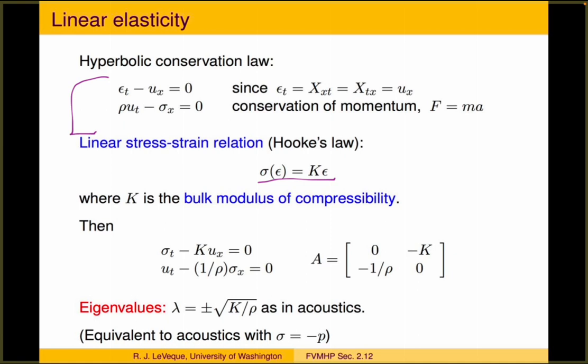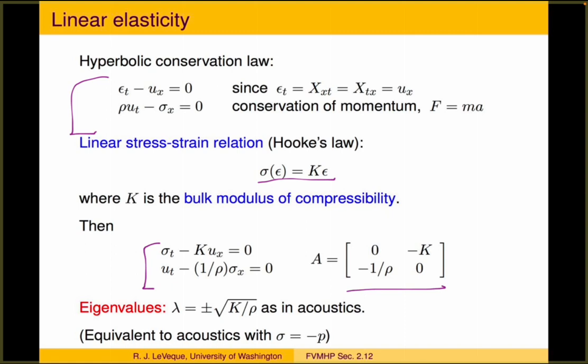And this system of equations, if we now rewrite it in terms of sigma and u, rather than epsilon and rho u, in the linear case we can do that, and we end up with a system of two equations with this coefficient matrix A that looks a lot like the coefficient matrix for linearized gas dynamics.